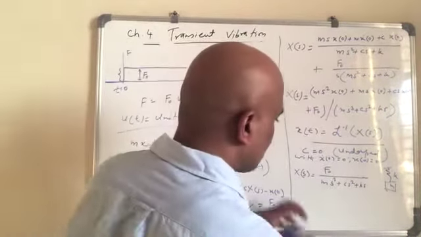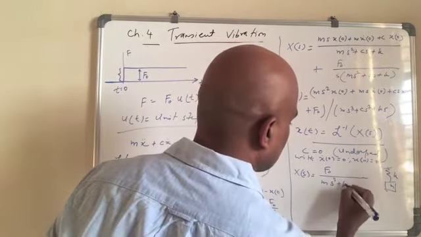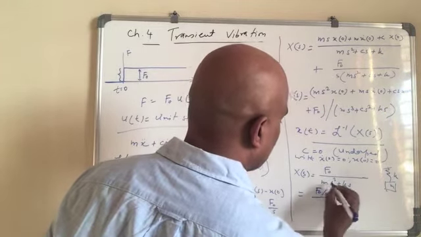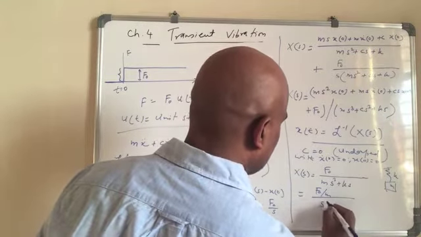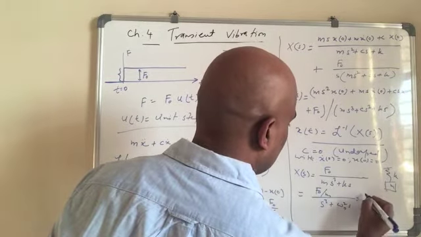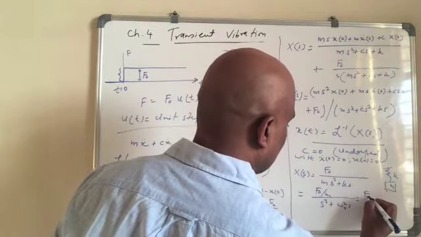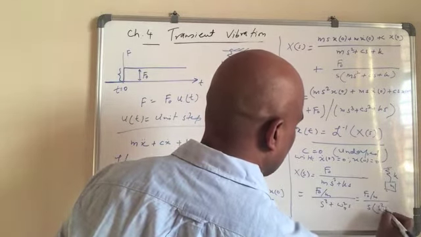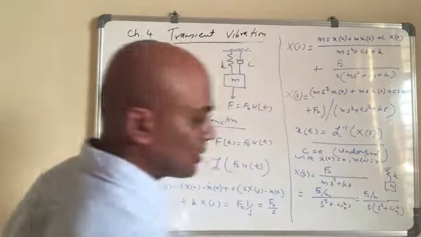Okay, one mistake here. So c is 0, so what we have is plus k s only. So f naught over m, and what we get here is k over m, so s cube plus omega n square s, which will be equal to 1 over f naught over m over s multiplied by s square plus omega n square.